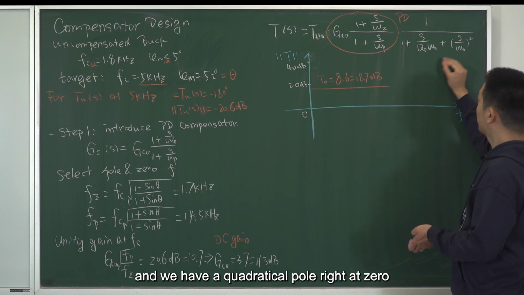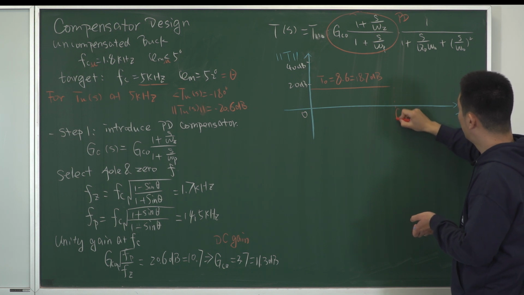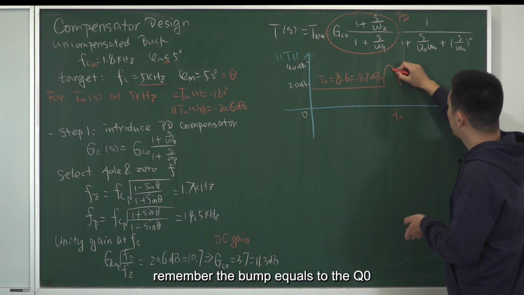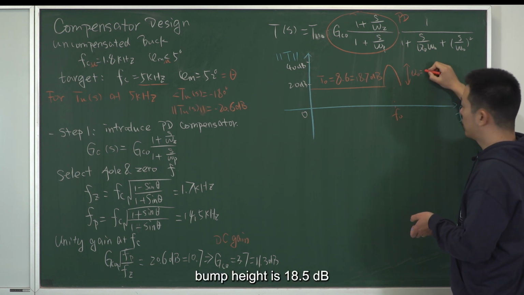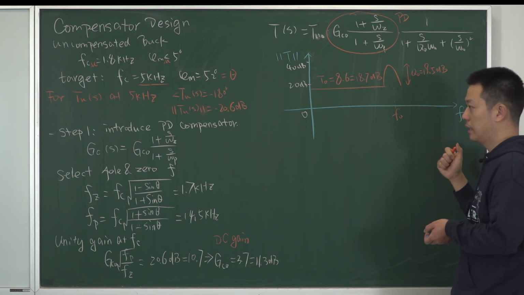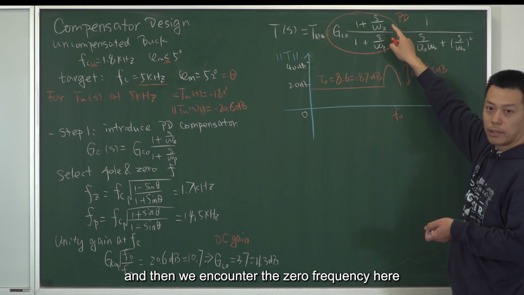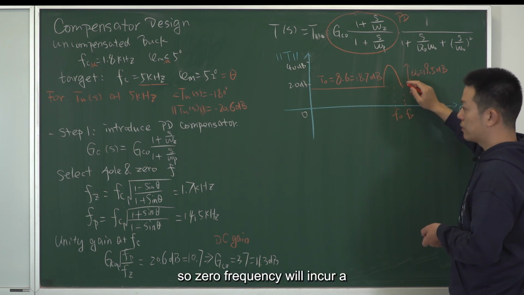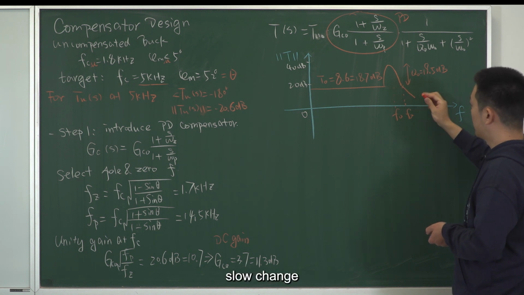Then we have a quadratic pole at F0, so there will be a bump. Remember the bump equals Q0; the bump height is 18.5 dB, which we previously derived. Then we encounter the zero frequency, which incurs a slope change.